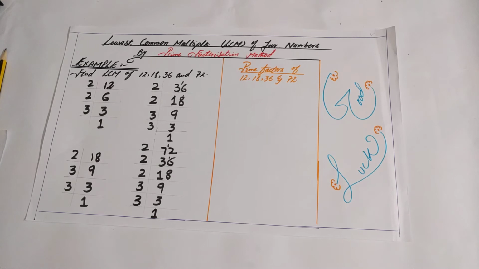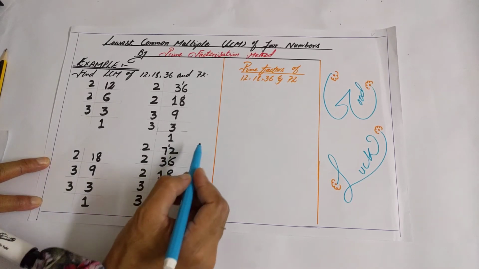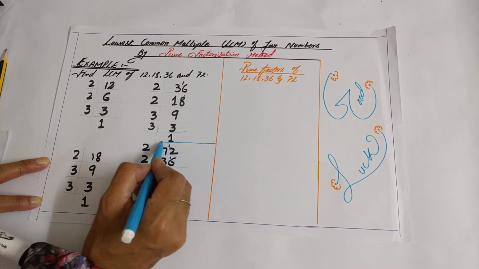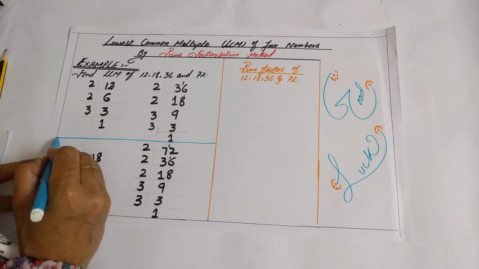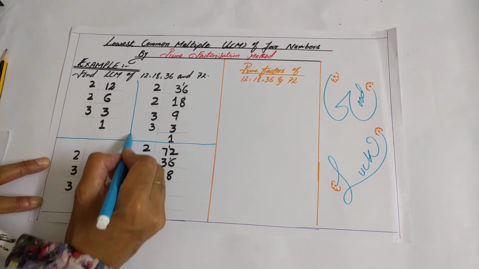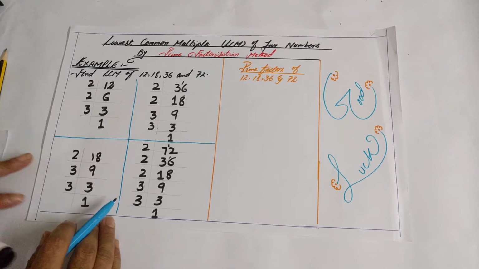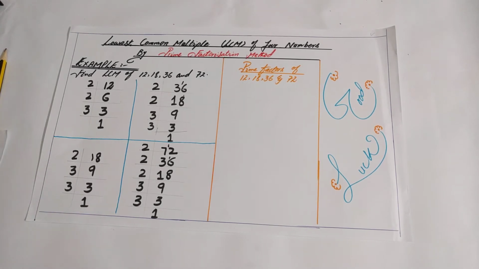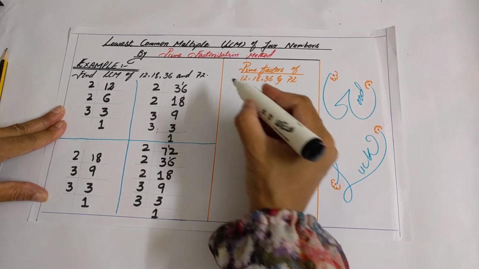Now this is all about how to find the prime factors of the given numbers. Got it? After getting the prime factors, first step was to find the prime factors. I will write these prime factors over here.